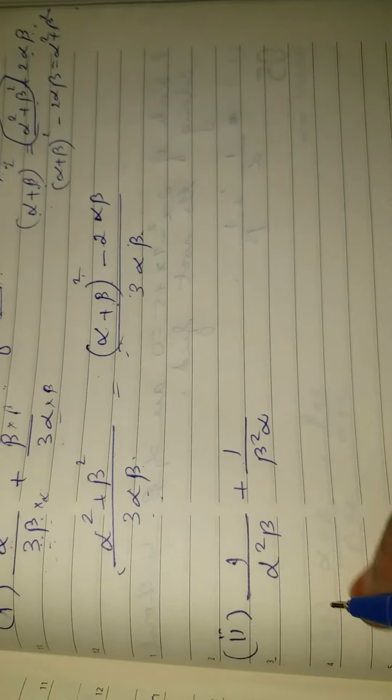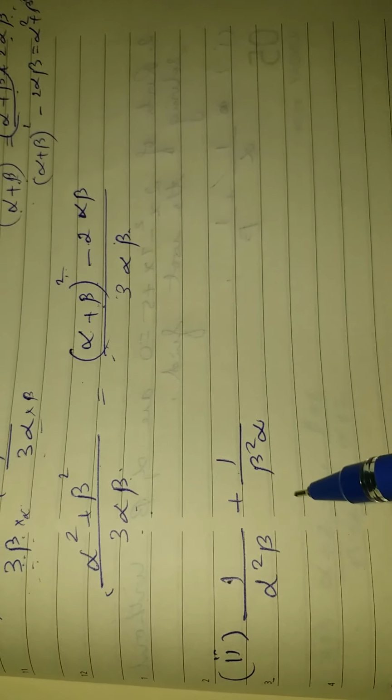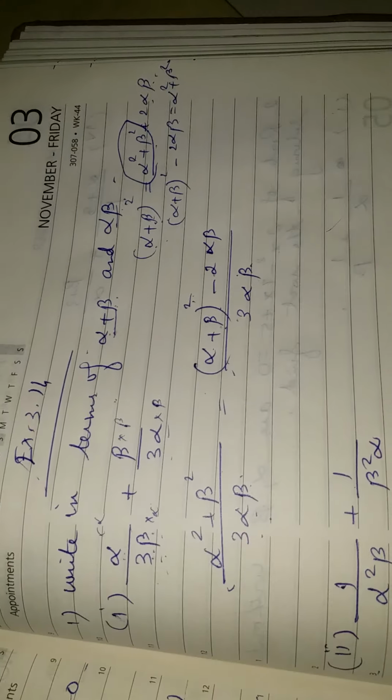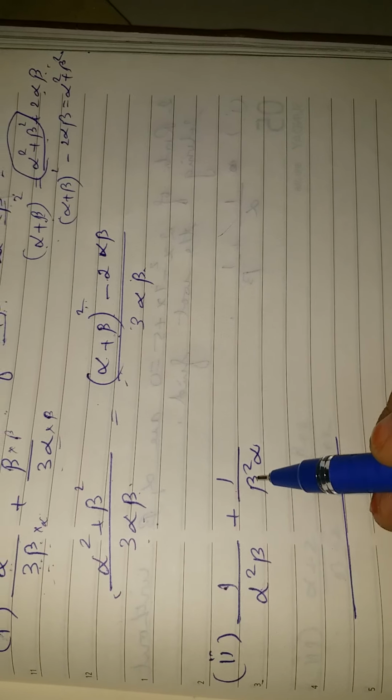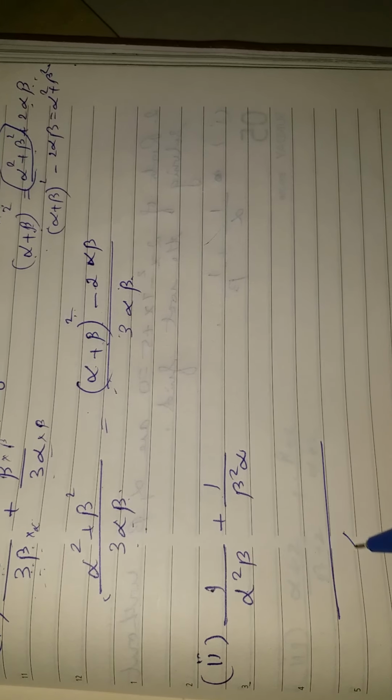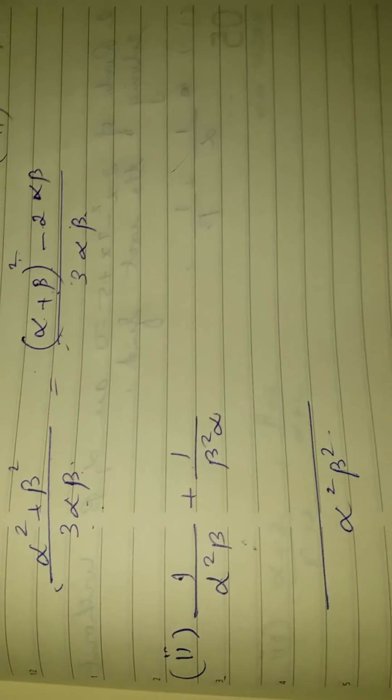In the second subdivision, you have 1 by alpha square beta plus 1 by beta square alpha. This you have to write in terms of alpha plus beta and alpha beta. Taking the LCM, you have alpha square beta and beta square alpha, so your LCM is alpha square beta square. The maximum will be your LCM.